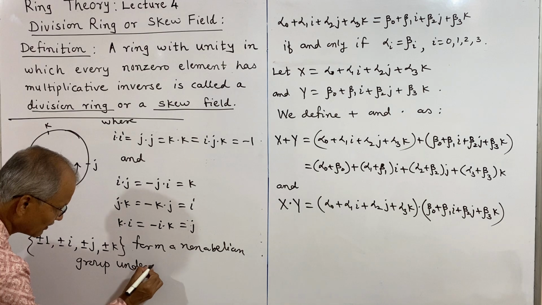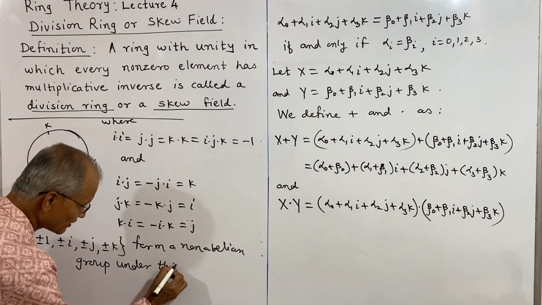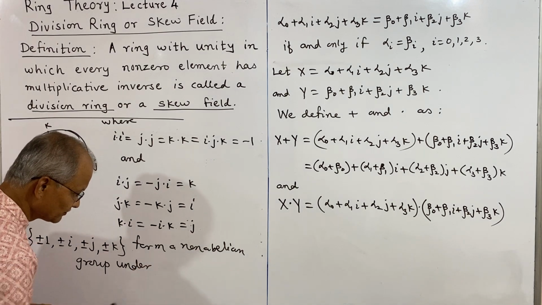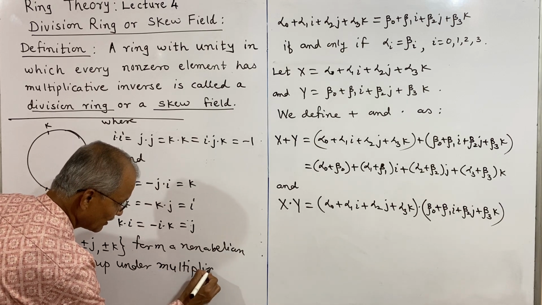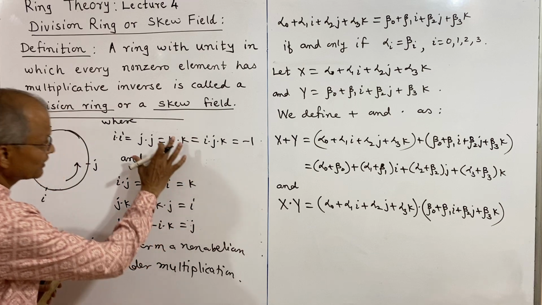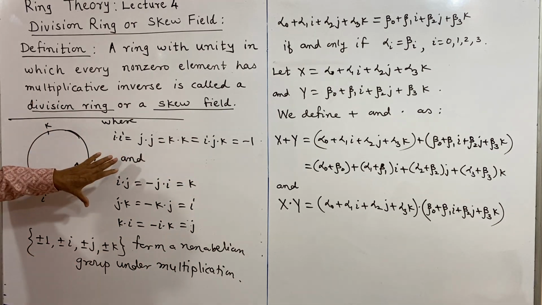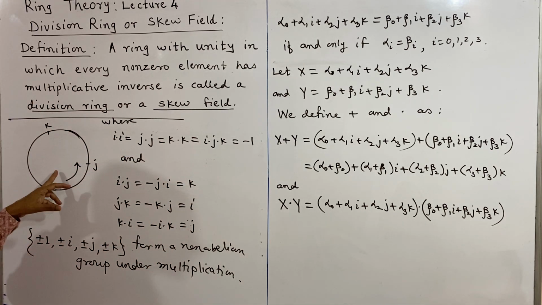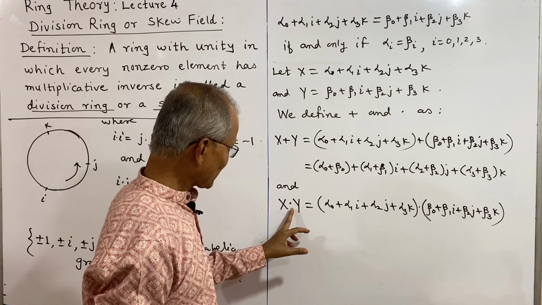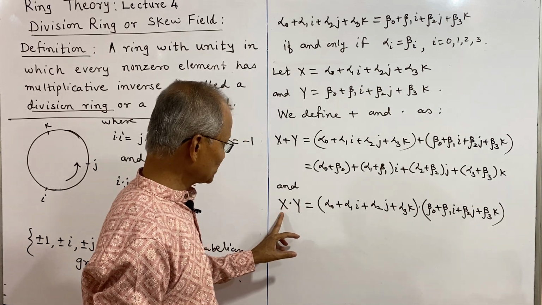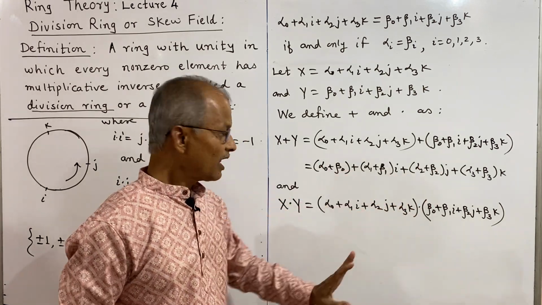What is the multiplication? That is defined above. This type of multiplication is defined between these imaginary numbers, and using this multiplication we have to define the multiplication of x and y, these 2 symbols.